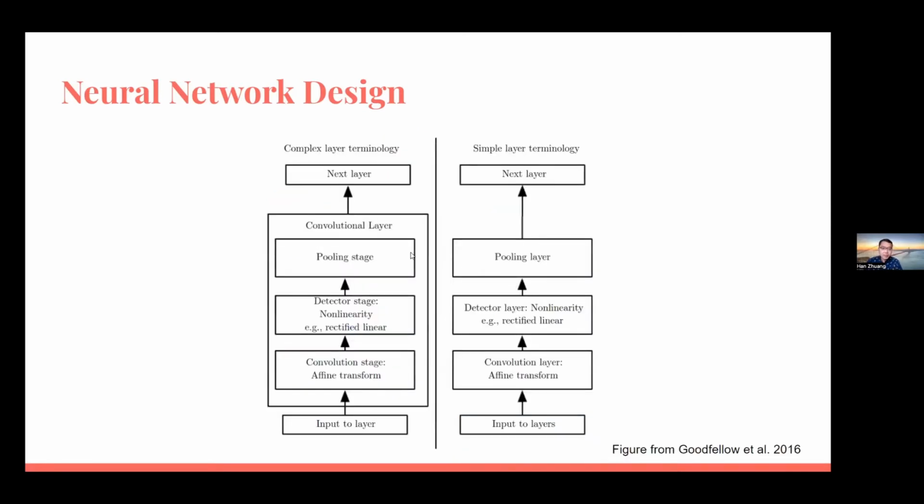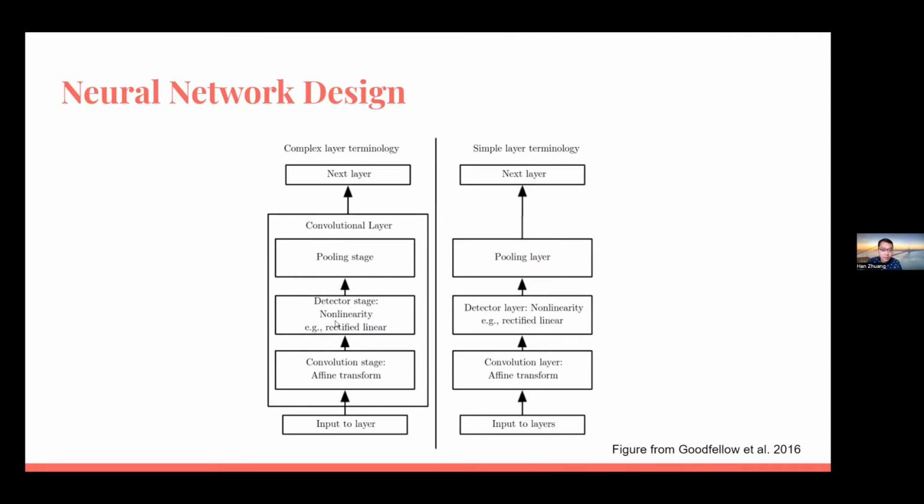For convolutional neural networks, more specifically, we have different kinds of layers. First is the convolutional stage. We do the computation on the data and transform it with the convolution operation, and then we pass it through activation. It's called the detection stage.